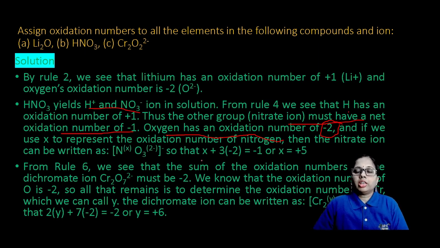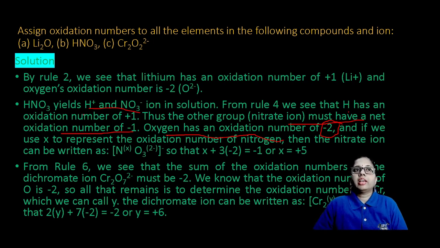So X plus 3 times -2 is equal to -1, because the nitrate ion has an oxidation number of -1. Here 3 into -2 means -6, and this X value. Finally, you get +5.